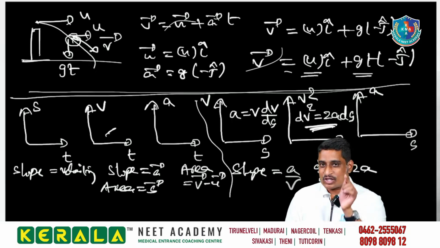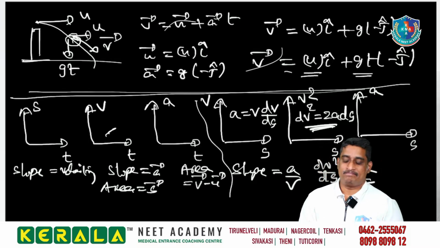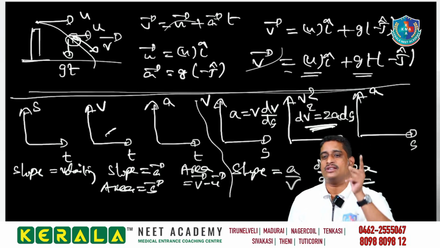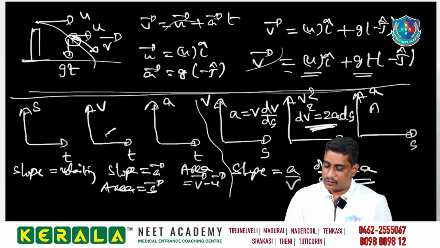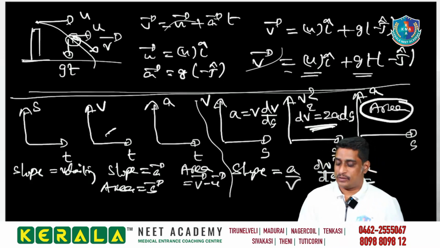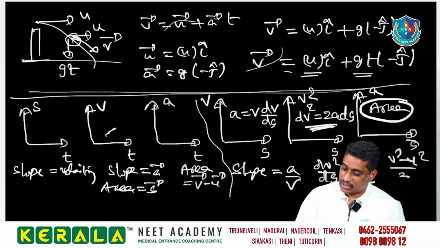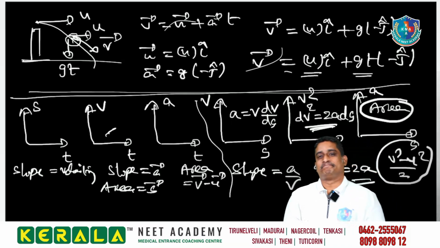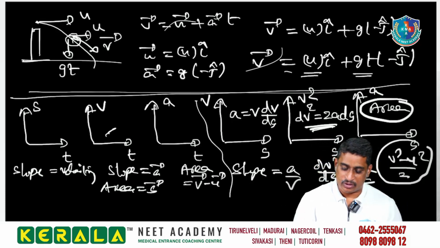So if a v square displacement graph is given, then the slope of the graph represents twice the acceleration of the particle. Come to the last graph, between acceleration and displacement. For this also, we have significance of area. The area under this particular graph represents (v square minus u square) by 2. So these are the main graphical representations which must be practiced.